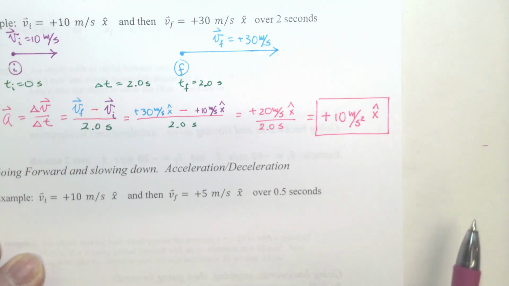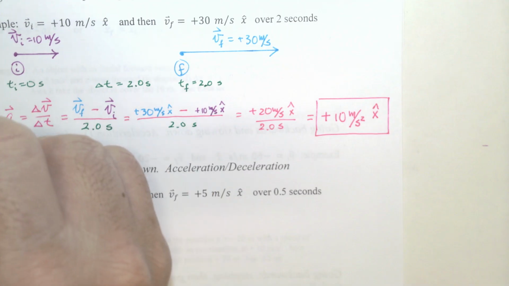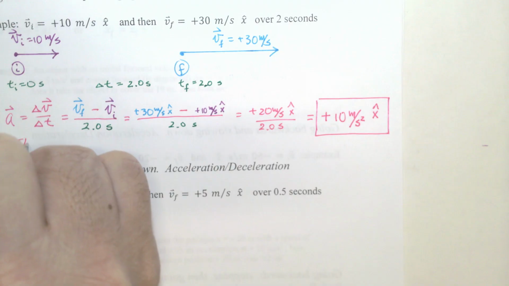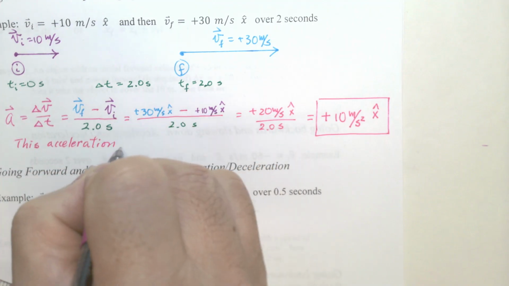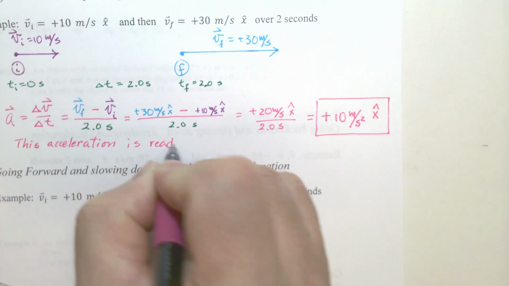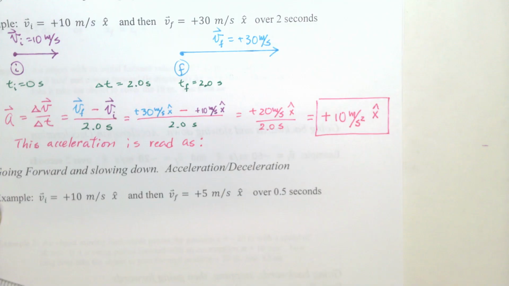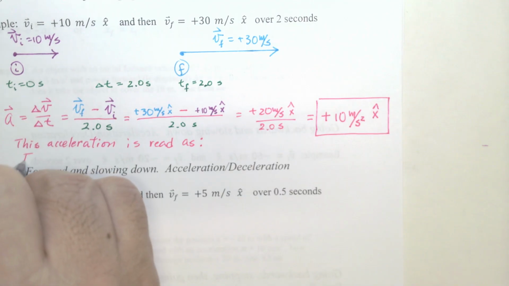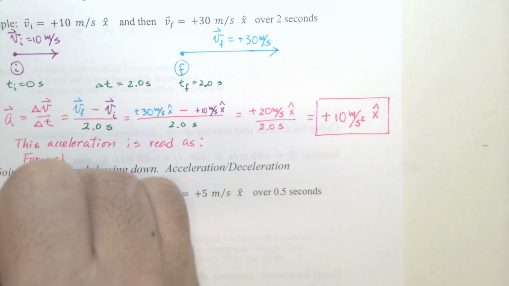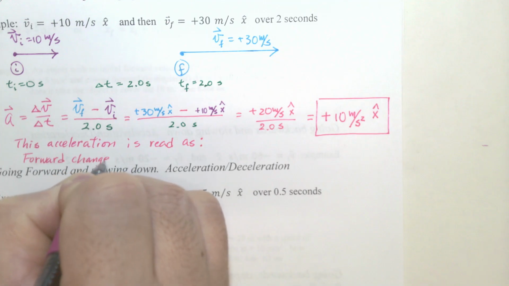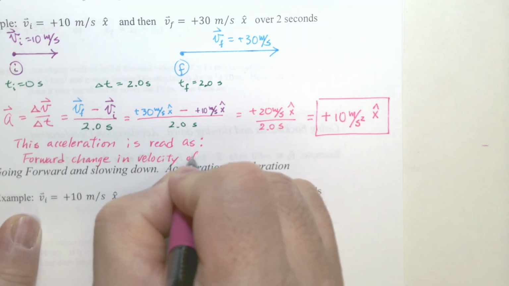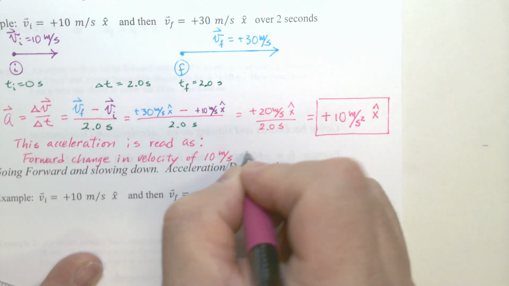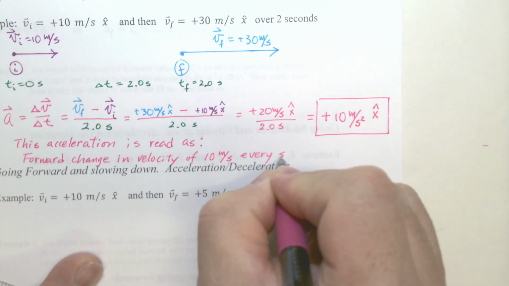Okay? So you could think of acceleration, right? So this acceleration is read as forward change in velocity of 10 meters per second every second.